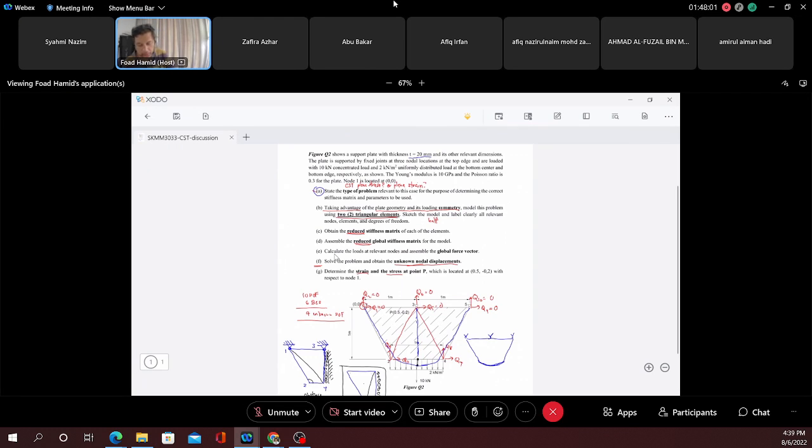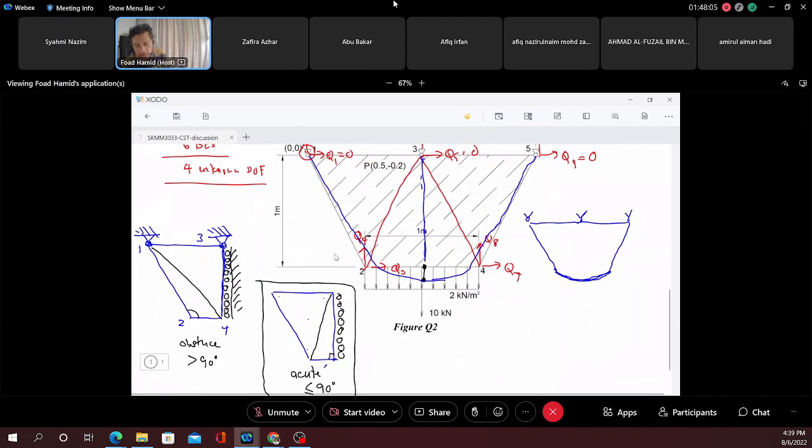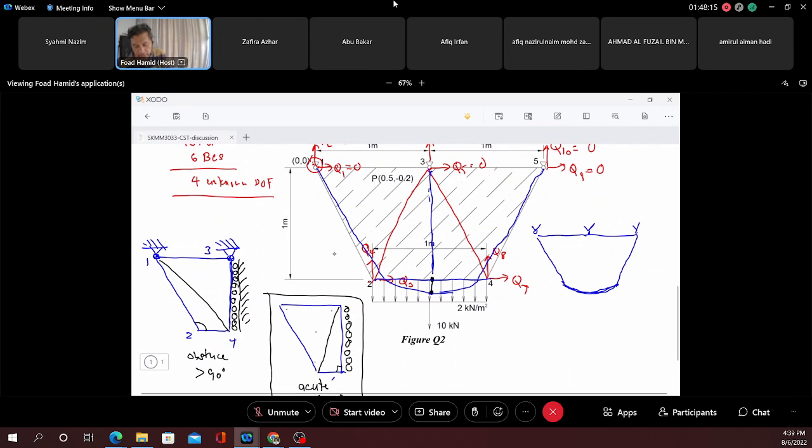Okay, note that in our original structure, the load is applied at this edge here, which is about 1 meter. But now, since we are only taking half of it, there's only half of the load here because the distance is from here to here, which is half the total distance.